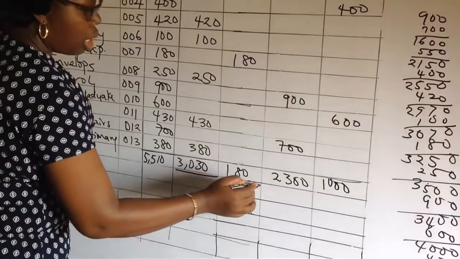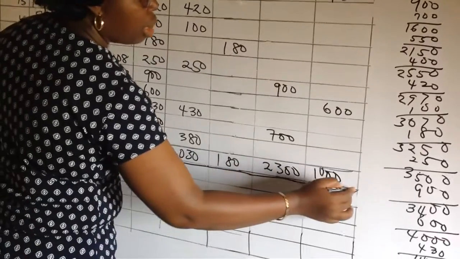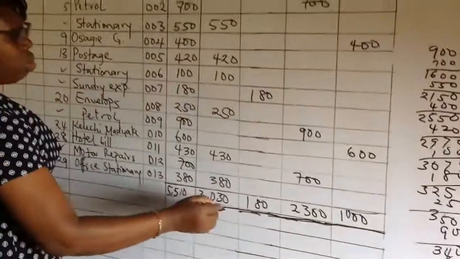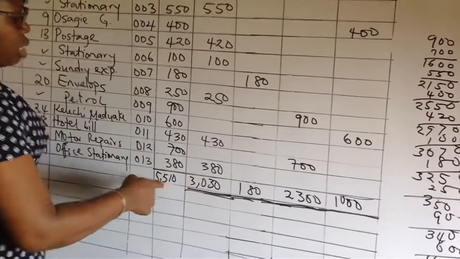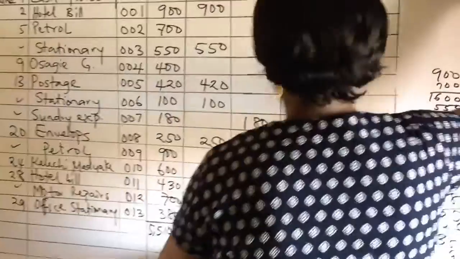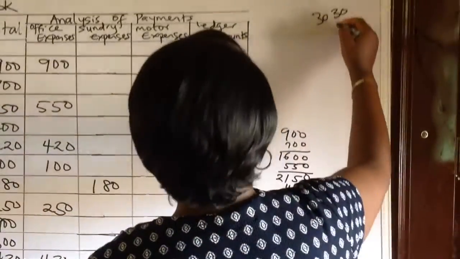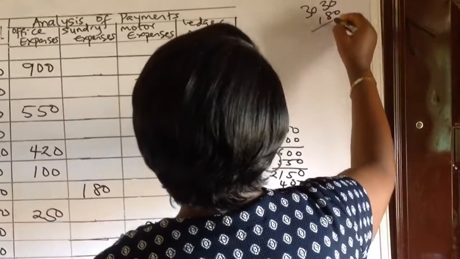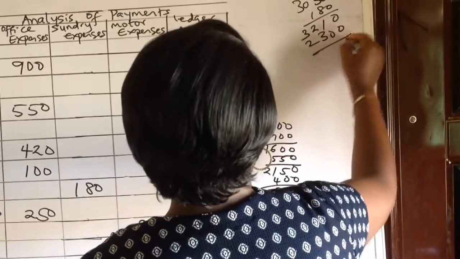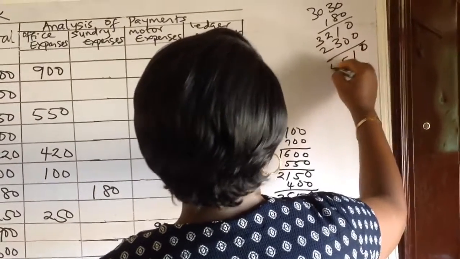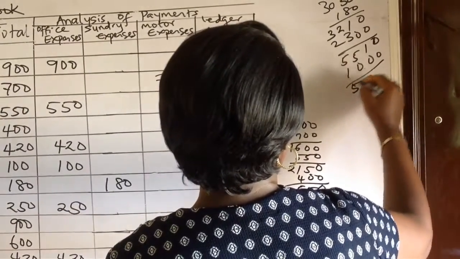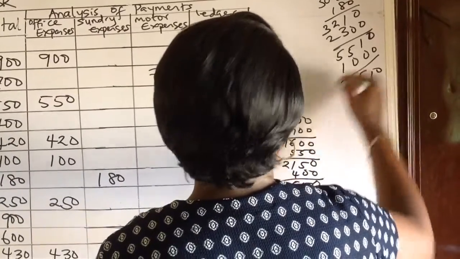These columns are closed. Your analytical columns are closed when it comes to this place. But your total column still remains. To cross-check if your total is correct, this is what you do. You add all your analysis columns together. This plus this, 1, 2, 3. 2300, you have 1,000, you have 5,510.